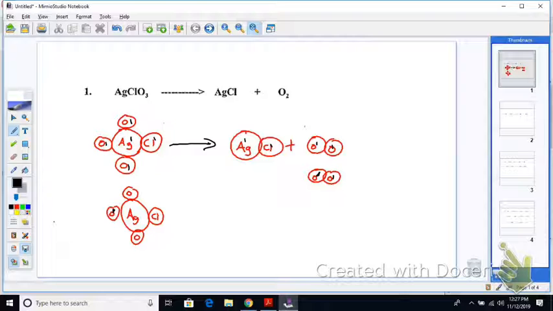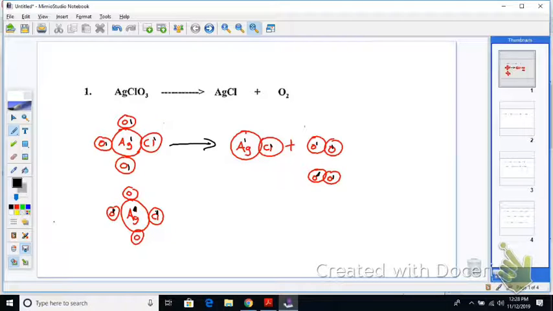Okay. So he's kind of got it figured out. He's kind of seeing what we need to do to improve our situation. So we'll do it just one at a time. We see we have an AgCl on the left side here. All right, we got an AgCl here and here.